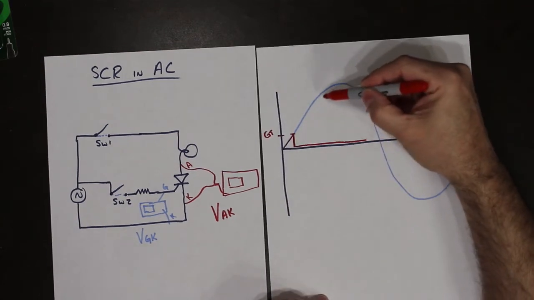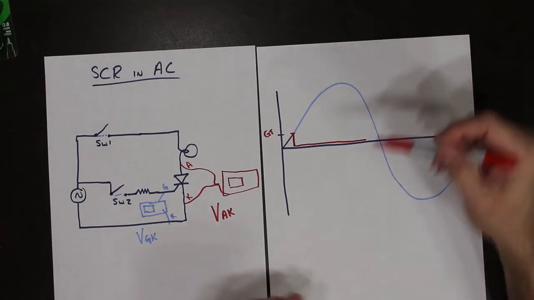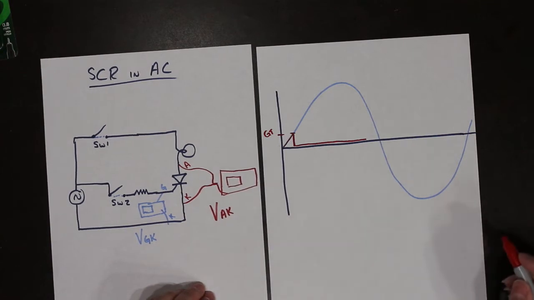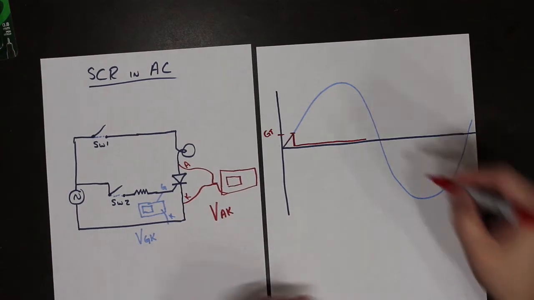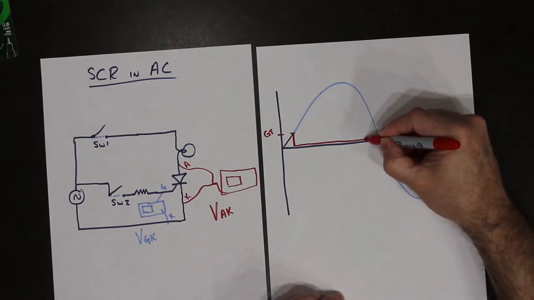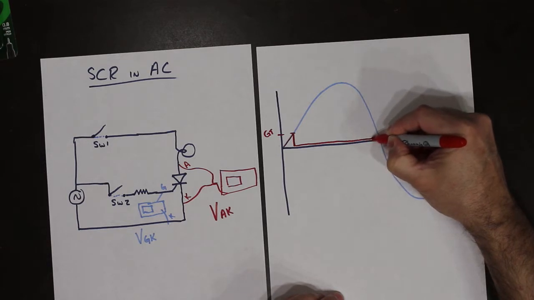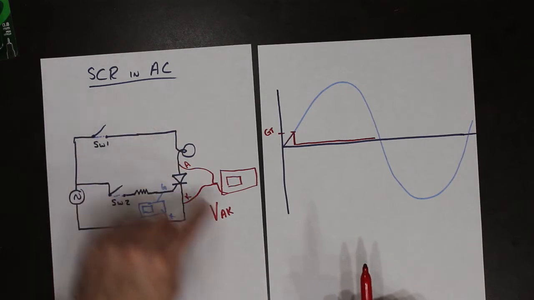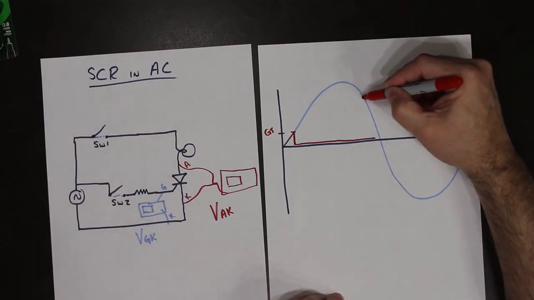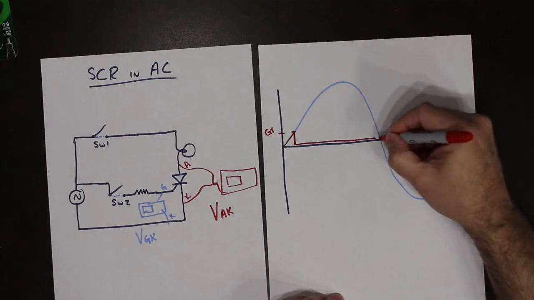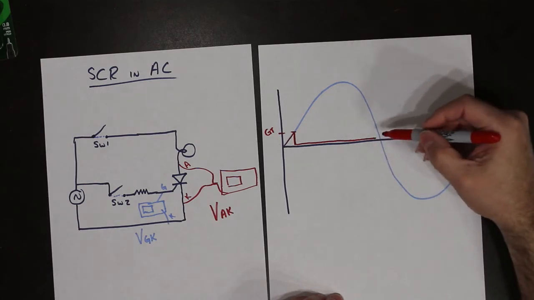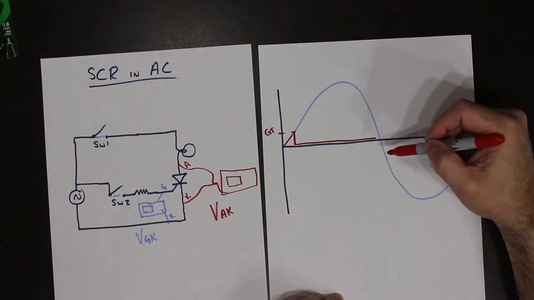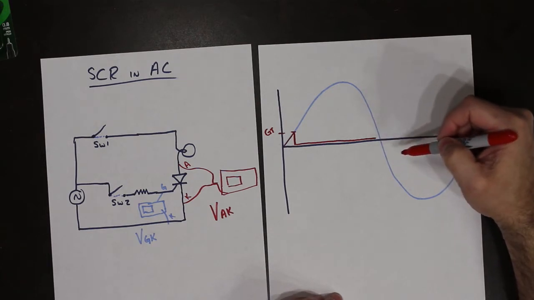And this time here, the device is turned on and our light bulb is lit. Eventually what's going to happen is as the voltage applied is going through the SCR, it's going to die off, and it's going to reach a point where the current that this voltage will produce is below our holding current.